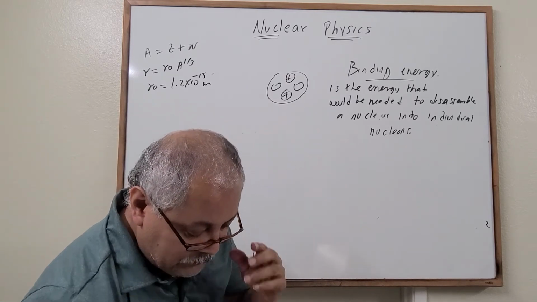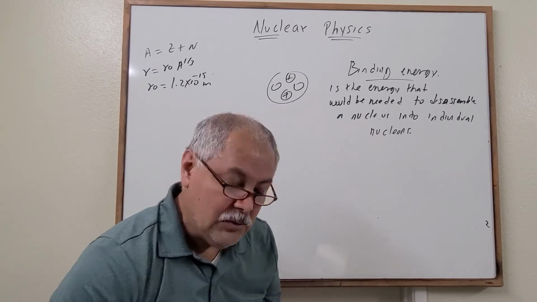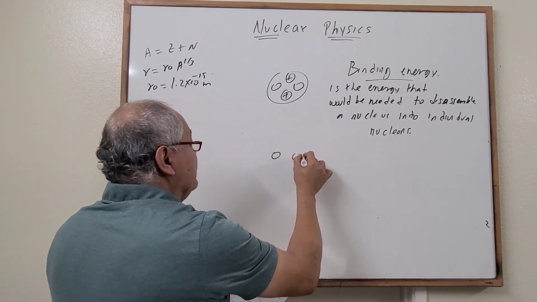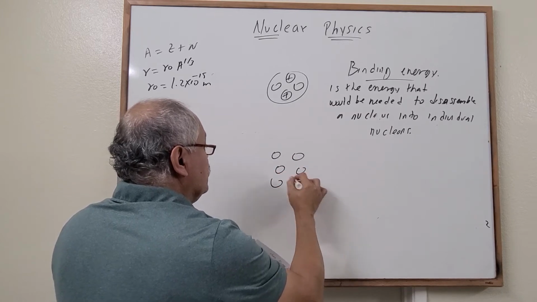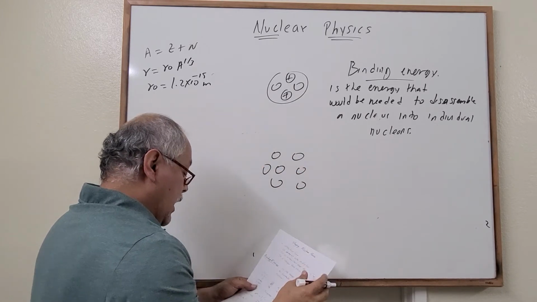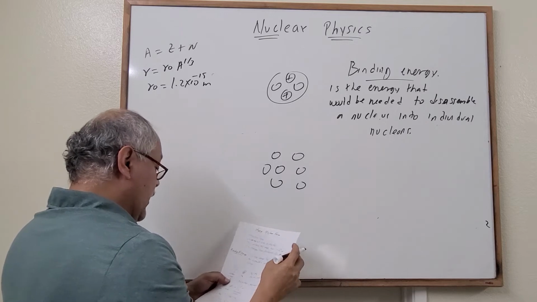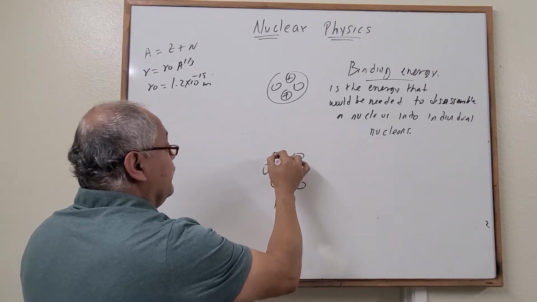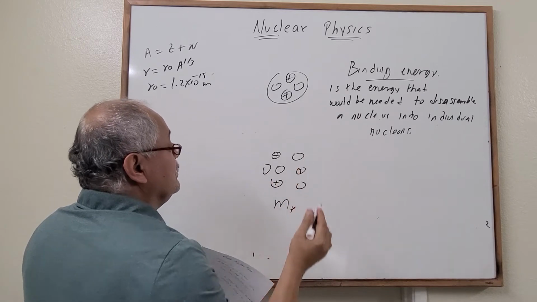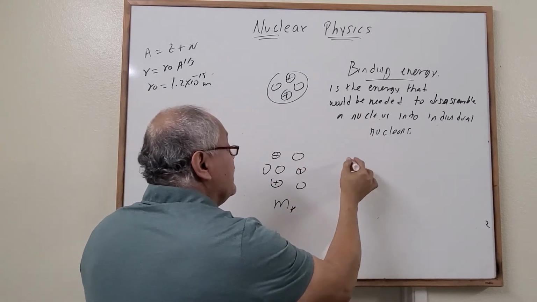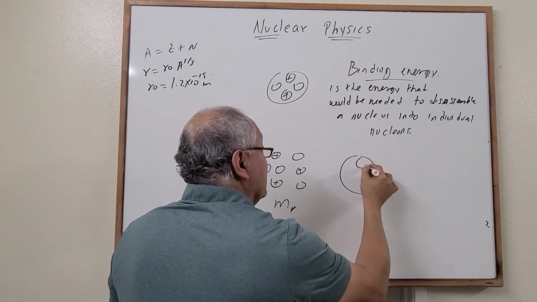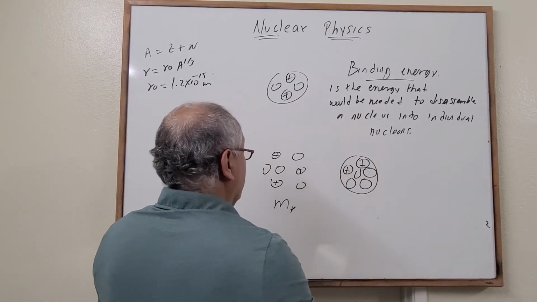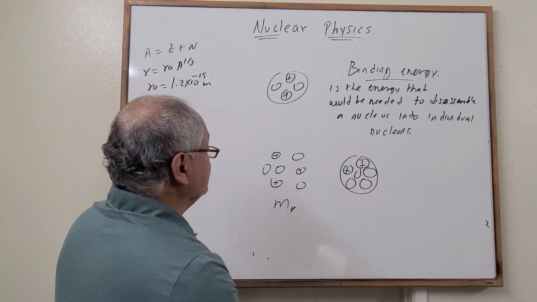Also, it's found that when we have these particles free, neutrons and protons, imagine that this is the mass of these particles, and we compare it to the mass of the particles inside the nucleus, with the same number of particles.